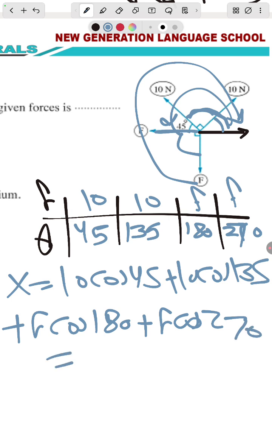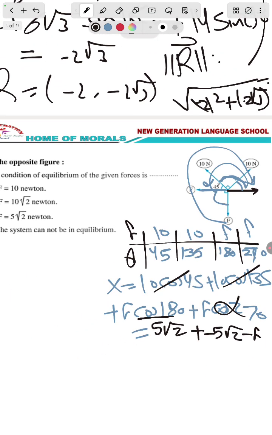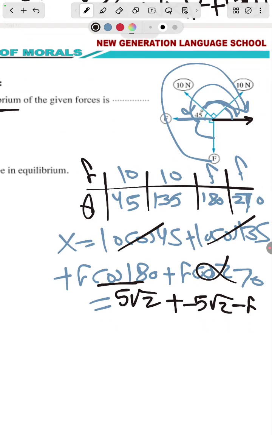By using calculator, 10 cosine 45 equal 5 root 2, plus 10 cosine 135 equal negative 5 root 2, and cosine 180 is equal negative 1 times F, so it will be negative F, and cosine 270 is 0, so cancel F cosine 270. The system is in equilibrium, so x equals 0, so all of this equals 0. I have 5 root 2 minus 5 root 2, we can cancel it, so negative F equals 0, so F equals 0.